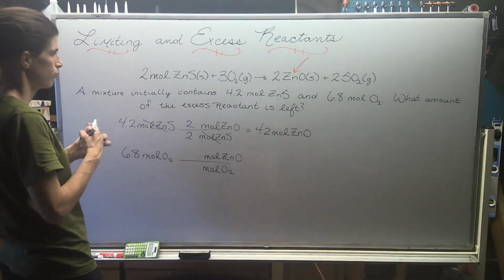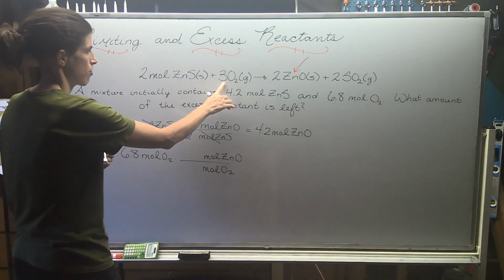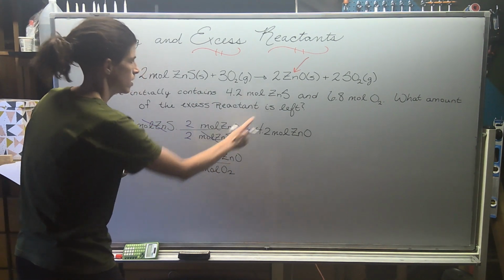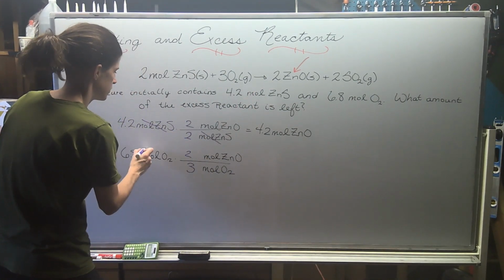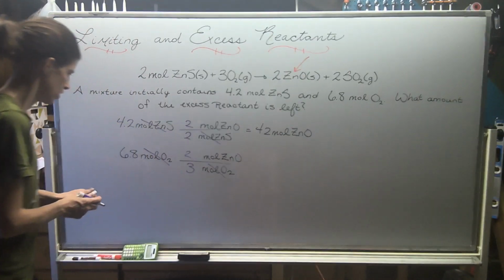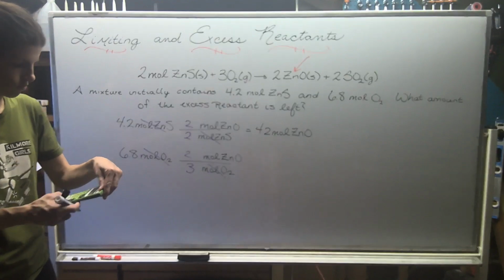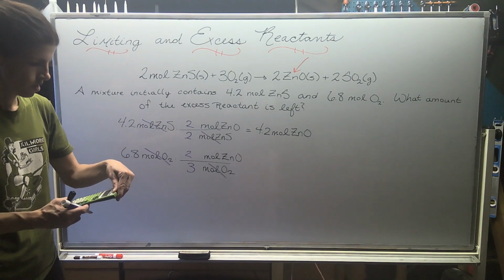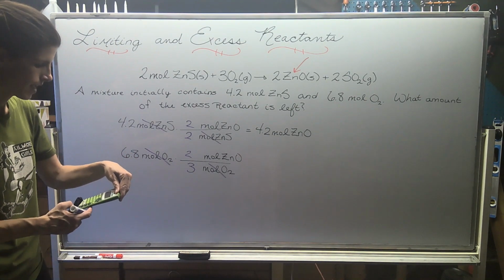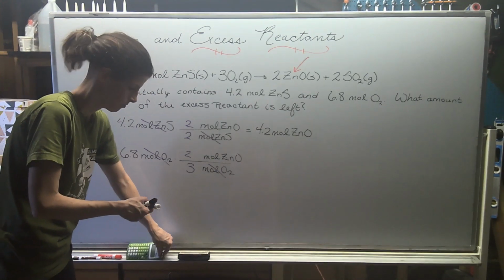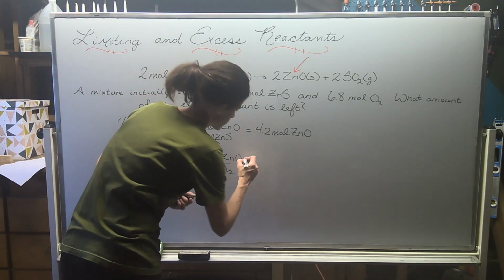Grab our coefficients. So we got a 3 in front of our oxygen and a 2 in front of the zinc oxide. So in my calculator, I'm going to do 6.8 times 2 divided by 3. And I get 4.53 moles of zinc oxide.